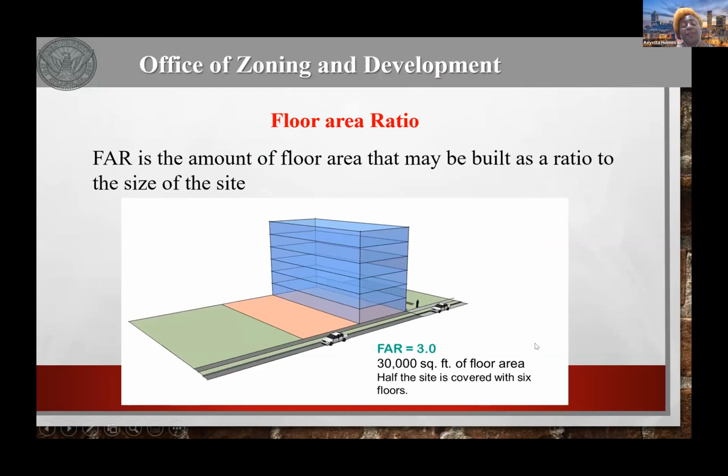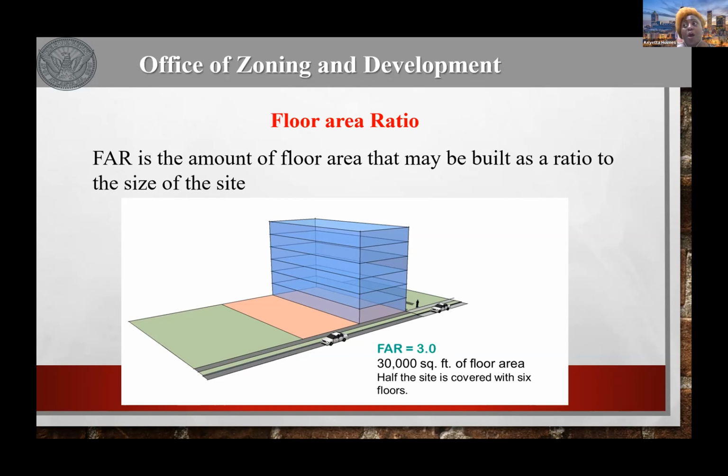Floor area ratio, or FAR, as you commonly hear us talk about it, is the amount of floor area that may be built as a ratio to the size of the site. So an FAR equal to 3.0 is, in this particular example, 30,000 square feet of floor area. Half the site is covered with 6 floors.